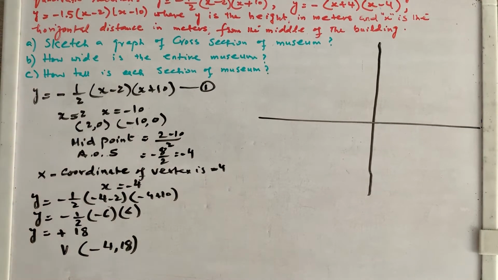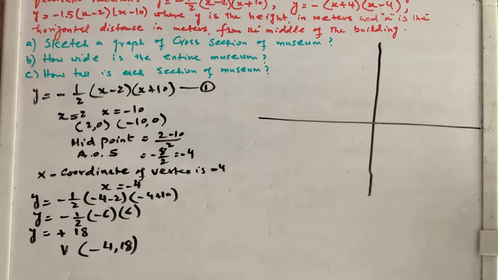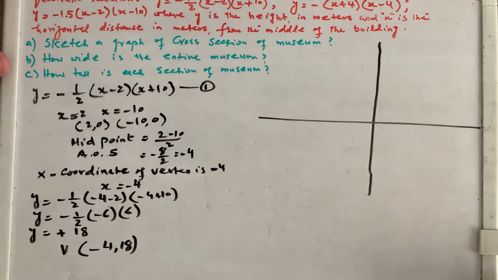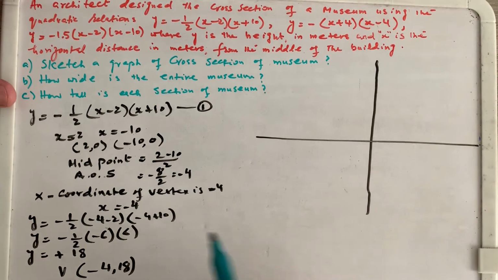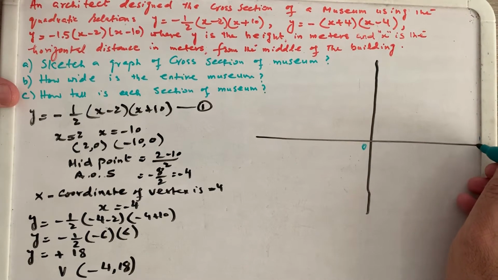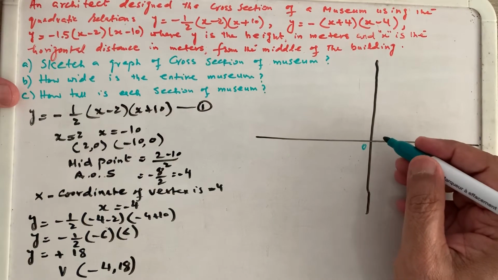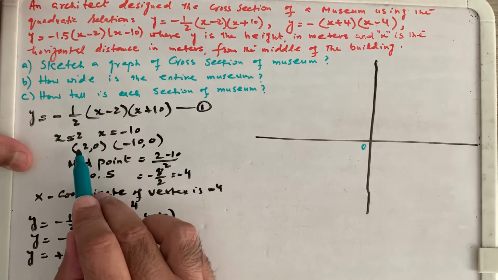So we will be plotting three equations on the same graph. On my board it will be a rough graph, but you can draw it cleanly on graph paper. So now this is my origin, this is my x-axis, and this is my y-axis. My first intercept was (2, 0), right?